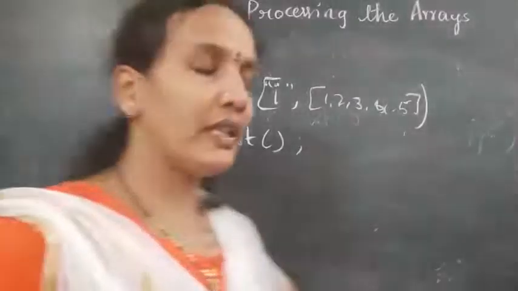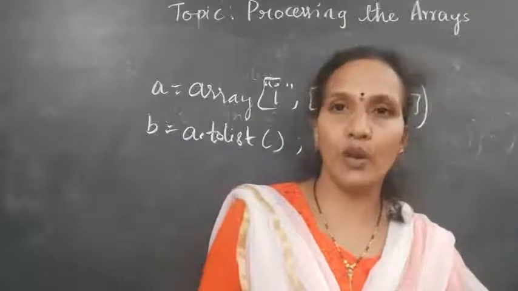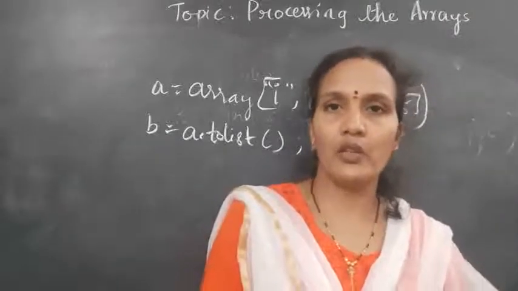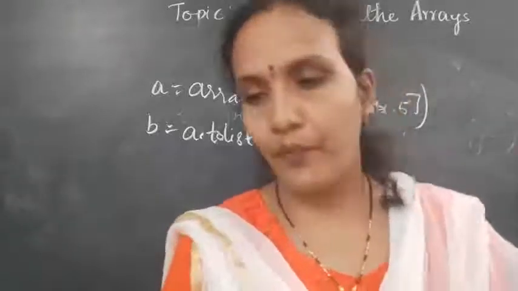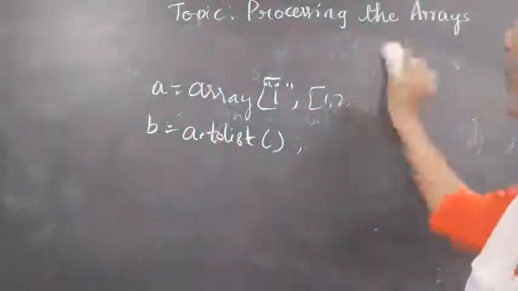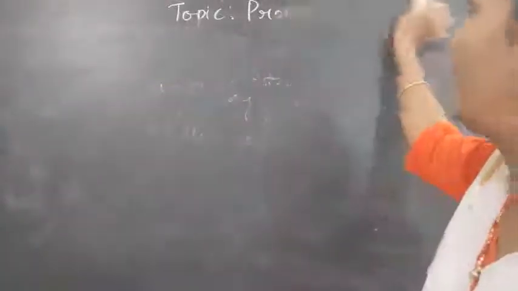Now, these are the different methods which you can operate on an array. Okay, so these methods are available in Python which you can operate on an array. Actually, why we are operating is in order to modify the original elements or original style of the array. So what methods do we have?